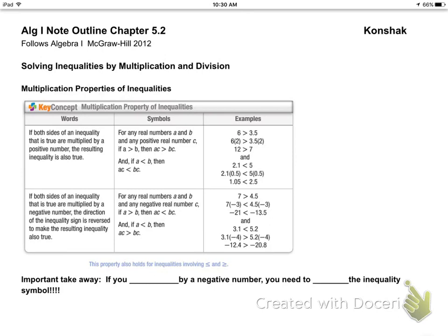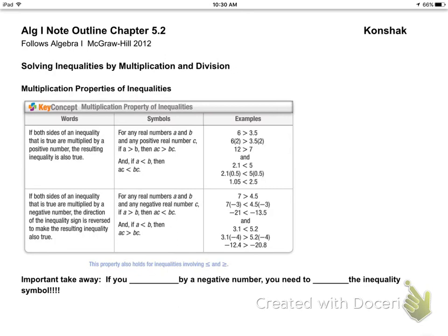If I multiplied each of you by 2, so now you have twice the amount of cookies, your person next to you has twice the amount of cookies, you still have more cookies than they do. Because if you double a number that's bigger, it's bigger than a different number that's smaller, right? So 5 versus 3. 5 doubled is 10. 3 doubled is 6. 10 is bigger than 6. Still true.